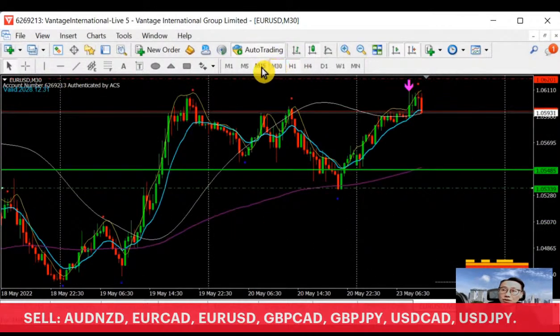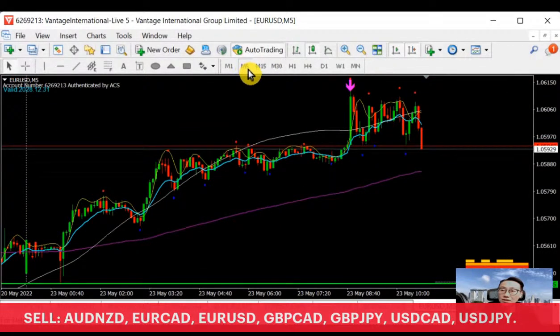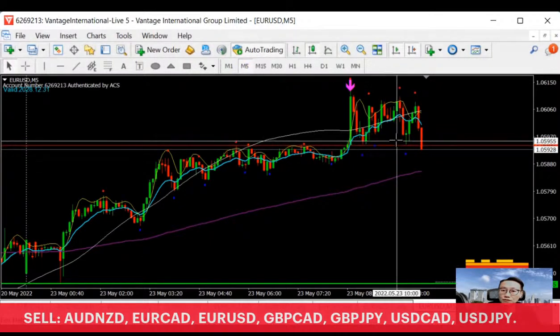This half an hour, this M30, we are also selling off. M15 also selling off. So M5 now is actually breaking the support over here. Can you see the support over here?